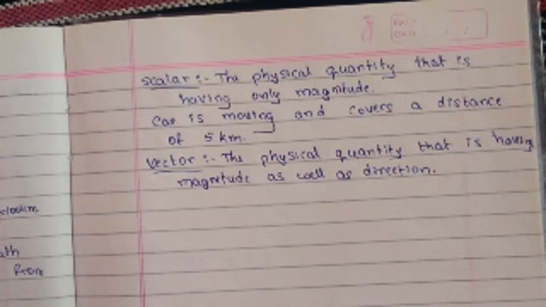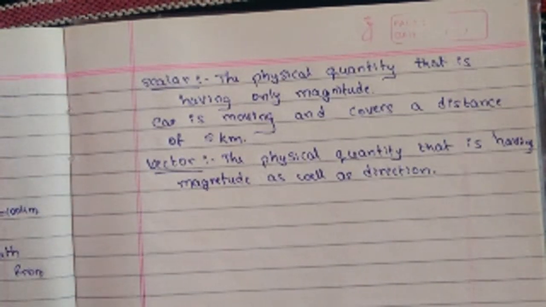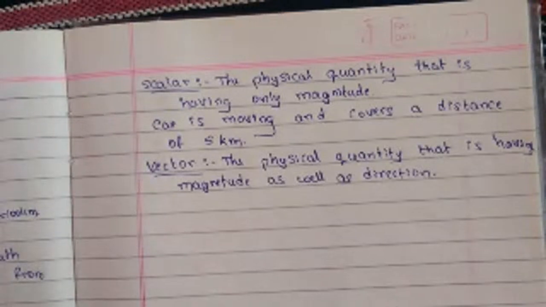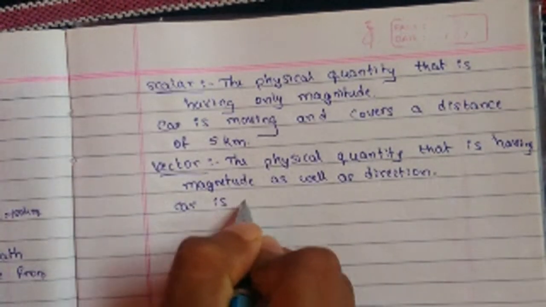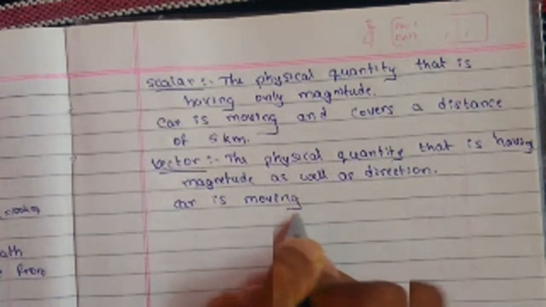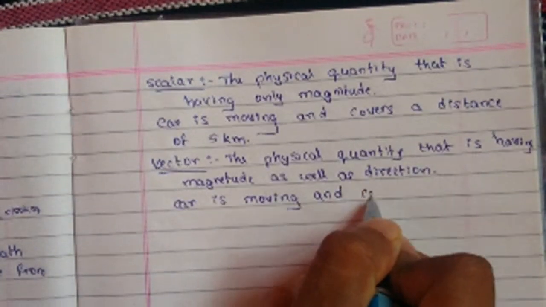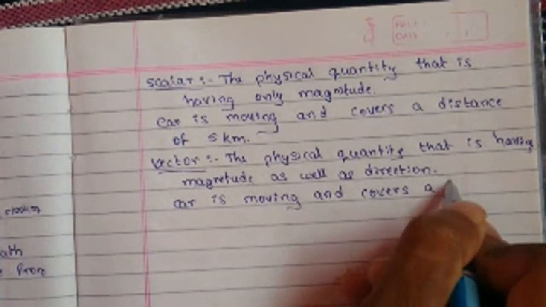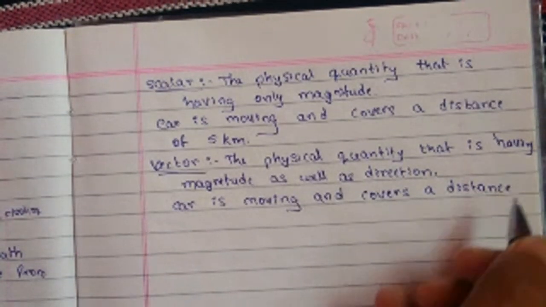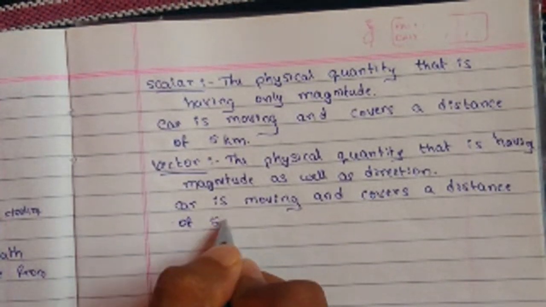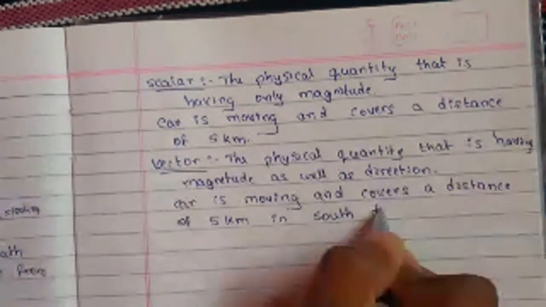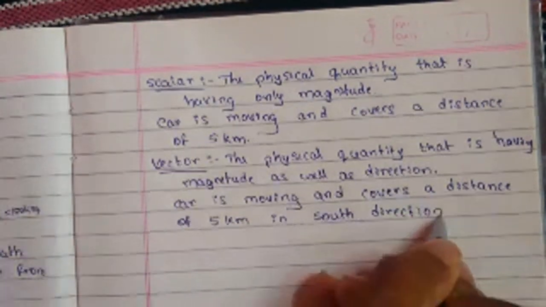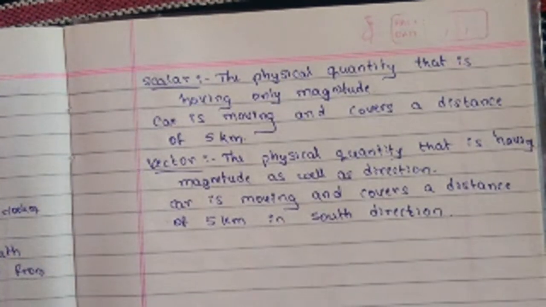Okay, magnitude as well as direction. This kind of quantities are called the vector quantity. Here the example is a car is moving and covers a distance of 5 km in south direction. So here the term comes vector.